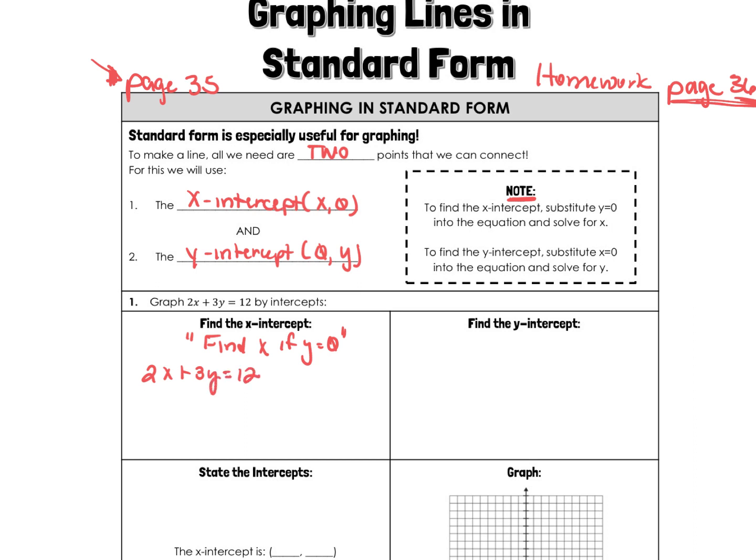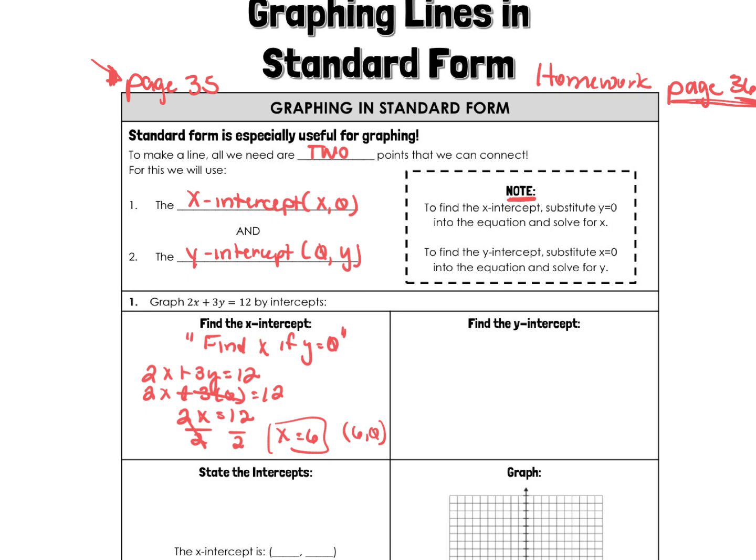We're going to substitute y with 0. This cancels. 2x equals 12. Divide both sides by 2. X is equal to 6. So your intercept is 6, 0.